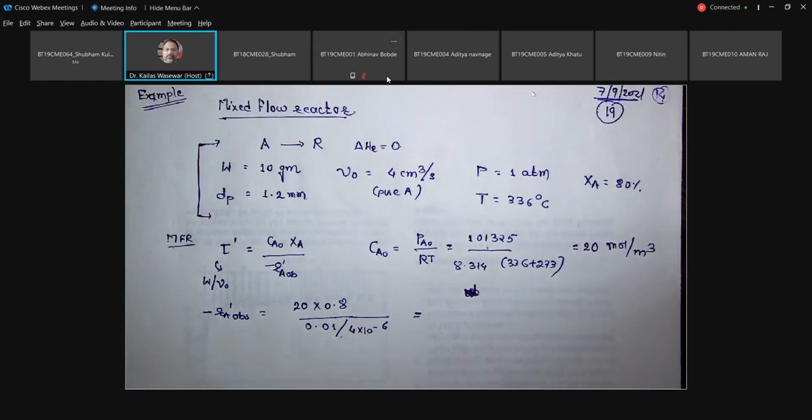So what will be the units? It will be in moles per kg second.